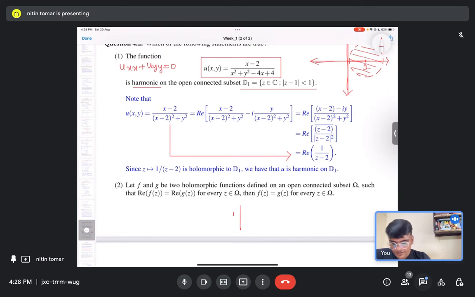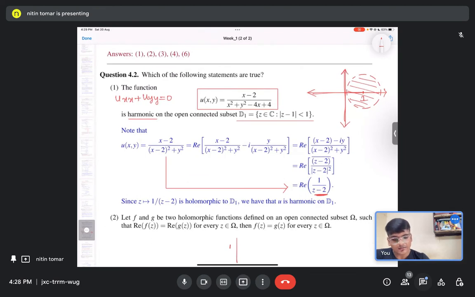But we know that this function is 1 upon z minus 2. So where is the point of singularity? At 2, right? But 2 does not belong to the disk, to our domain. So 1 upon z minus 2 is analytic on d1. It is holomorphic on d1.